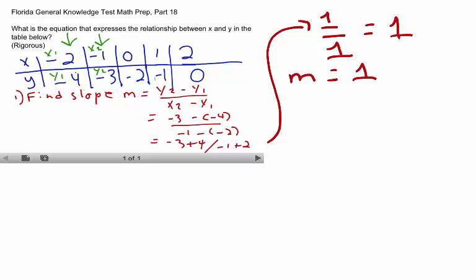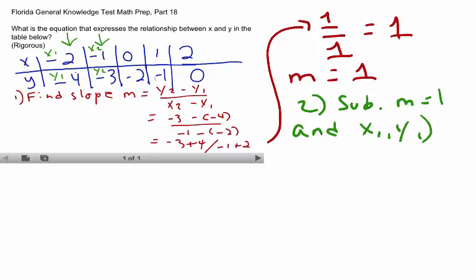To find the rest of the equation, we substitute m equals 1, and our x1, y1 coordinates into the point-slope formula.